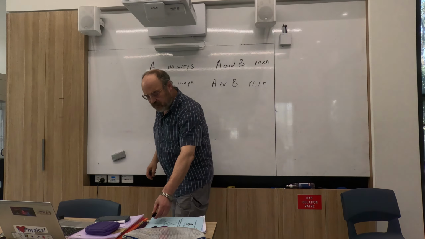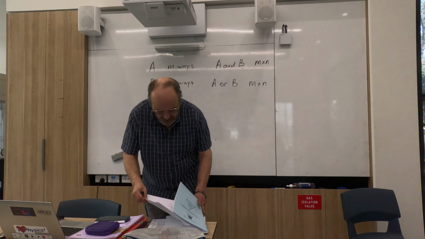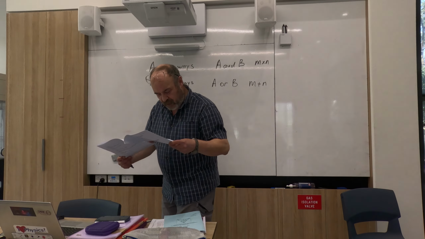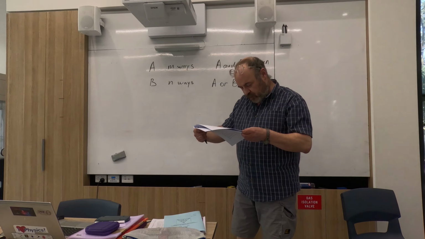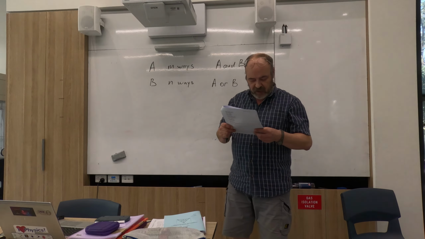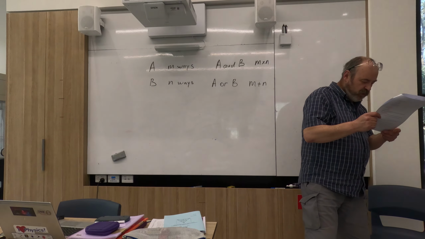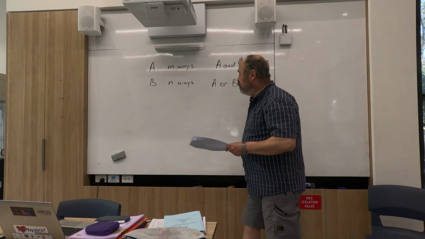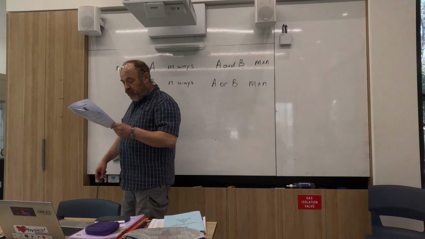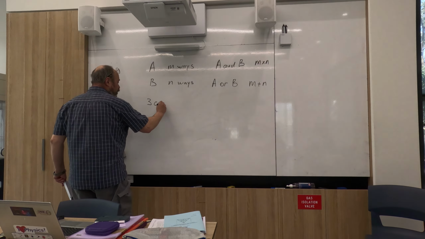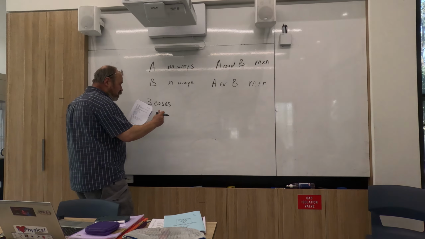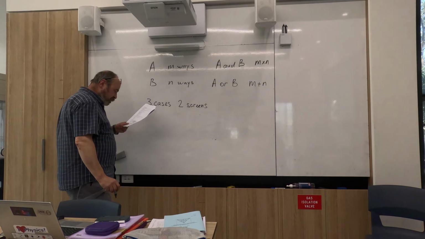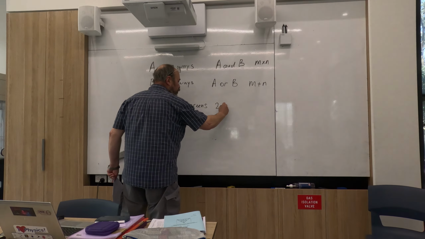Let's consider an example from your booklet, page 6, example 7C. A phone is sold with a choice of 3 cases, 2 different screens, and 2 different storage capacities.